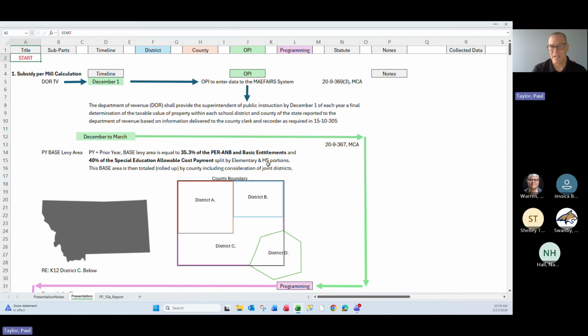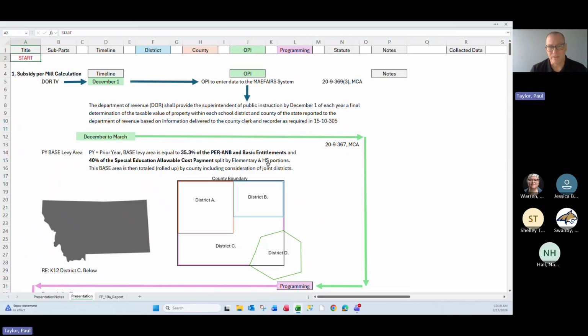And so something had to be done to find a way to separate the K-12 into elementary and high school portions so that the elementary could be nested with all the other elementaries, the high school portion could be nested with all the high school portions, and you'd have the equal area, now that we're going to counties, the equal area for elementary and high, sort of laying on top of each other if we want to consider it that way.